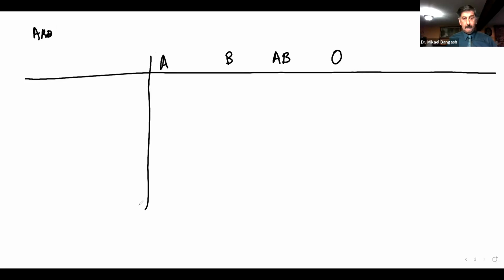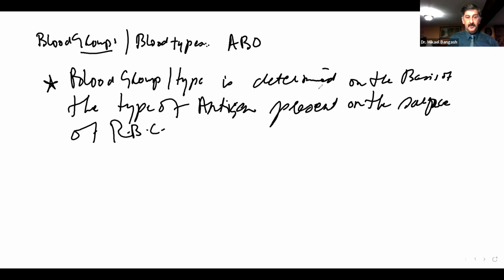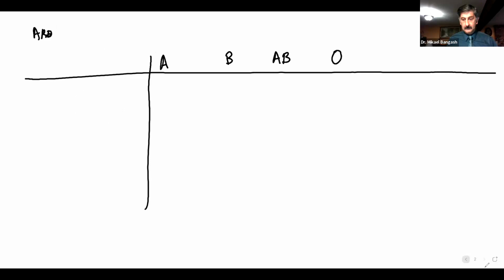Now, as we just said, the blood group or blood type is going to be based on the type of antigen present on the surface of the RBC.